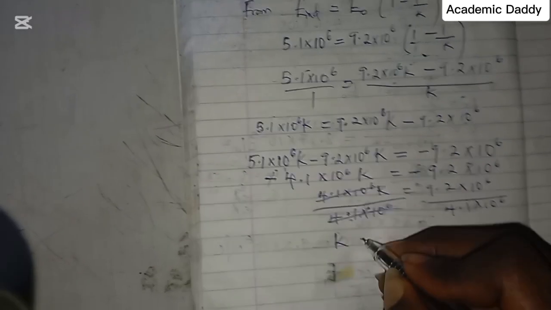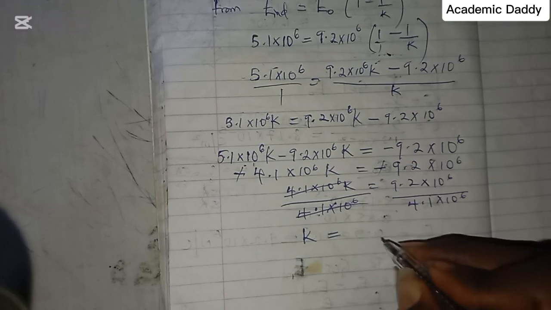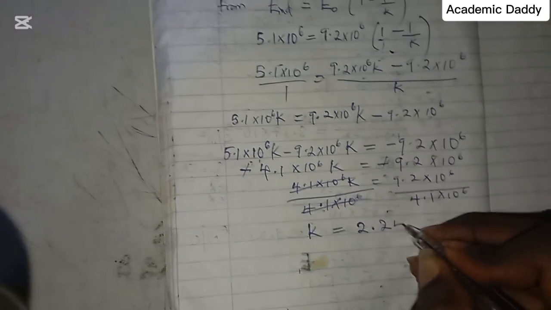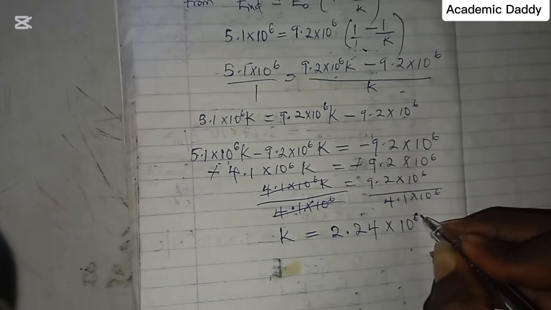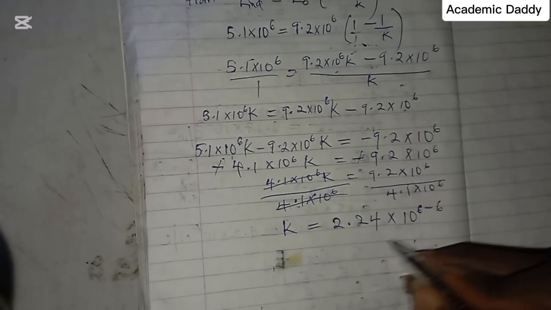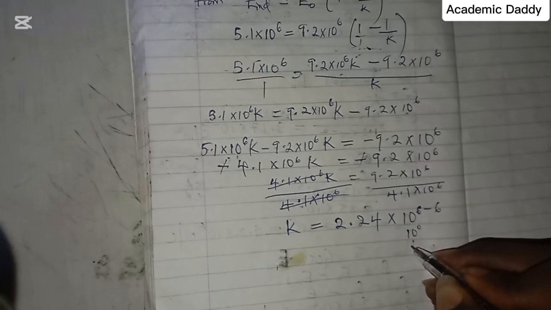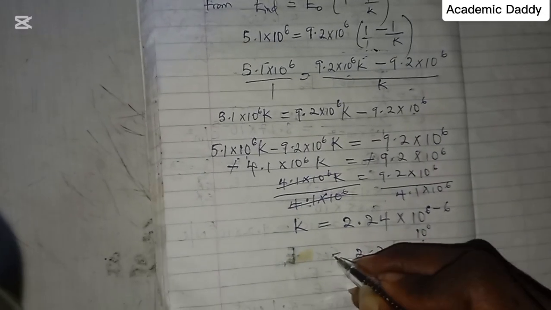So that k will now be equals to 2.24 times 10 raised to the power 6 minus 6. And that means this will be 10 raised to the power 0, and anything raised to the power 0 is 1. So times 2.24.